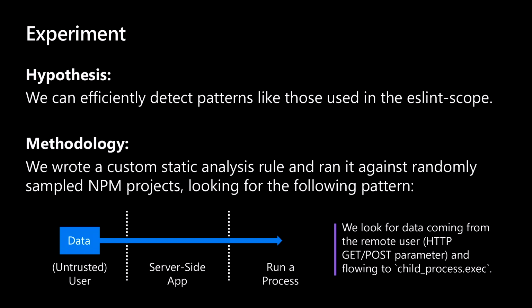So we did an experiment. We built a static analysis rule that could detect parts of the eslint-scope backdoor. And we ran it across a sample of NPM projects just to see what we would see. Basically, it looked for data coming from an untrusted user, flowing into the app, and then being concatenated and piped to command exec.